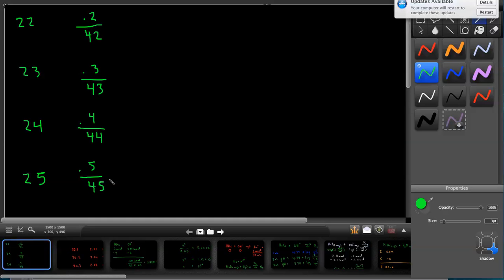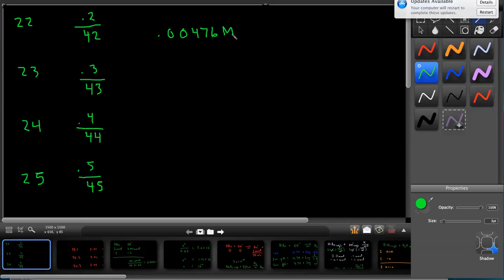So the next thing we want to do is calculate the concentration of hydroxide. That gives 0.00476 molar.